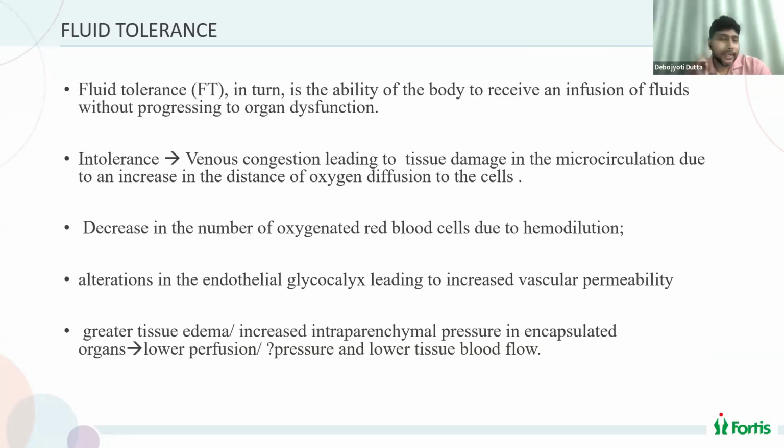After the assessment of fluid responsiveness, the term I wanted to introduce here is fluid tolerance, because it is very important. We all know fluid responsiveness, and fluid tolerance is a little different. It is the ability of the body to receive fluid without causing any organ dysfunction. Because if you give more and more fluid, the patient is going to become intolerant, the venous pressure will increase, and that will decrease the pressure gradient from the arterioles to the veins, and it will further affect our capillaries at the tissue level.